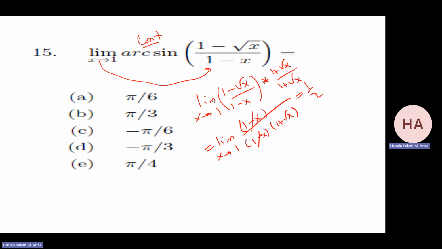Cancelled. So I have half. So I need to find arc sine of this limit. Take the limit inside, which is half. So I need to find arc sine of half, which is pi over 6. And that is the answer.